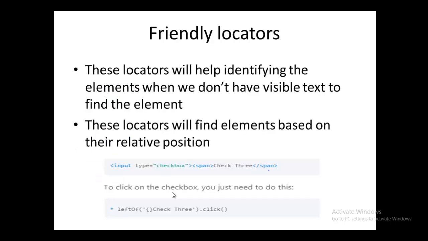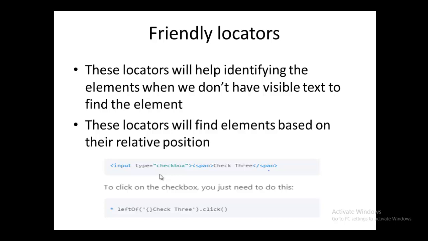If I were to show you a quick example, in this particular input tag we have an attribute called type, and its value is checkbox, and within the input tag we also have a span tag. That span tag has a text. With the help of the left of function, first I identify the checkbox, and then I chain this operation to click, so the checkbox would be clicked.